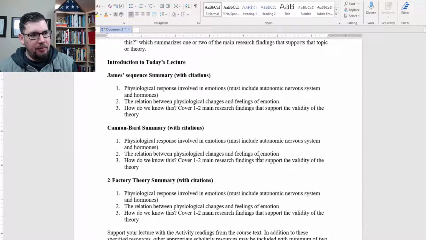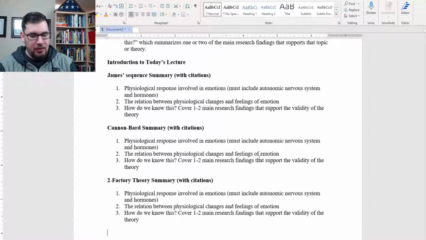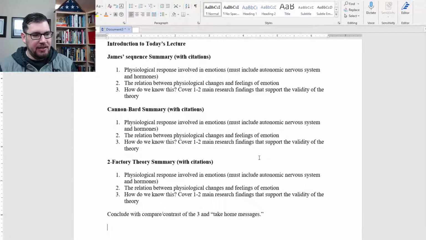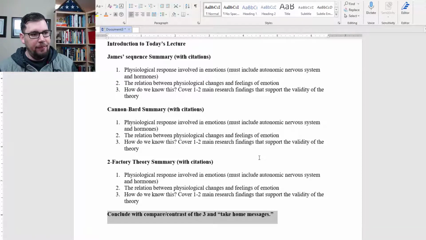For the Cannon-Bard theory, do the same three things, but with regard to Cannon-Bard. Then again, a third time, the two-factor theory. And then I would suggest you conclude with a comparison or contrast of the three and take-home messages. That is my suggestion. It's not in the instructions, but that's generally how we do a lecture.